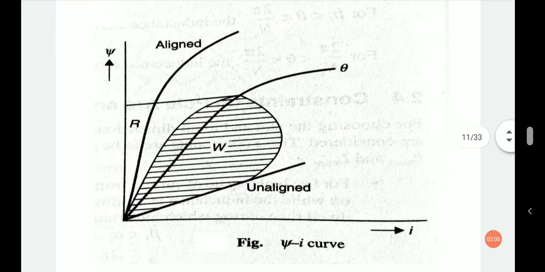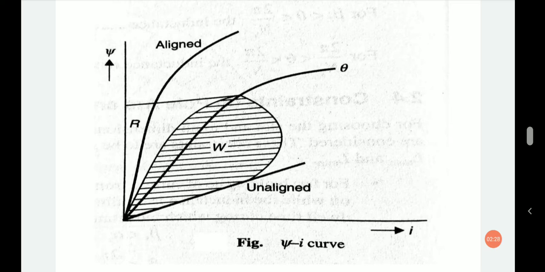The flux linkages versus phase current characteristics is shown in the figure. The shaded portion represents the electromechanical energy developed. The region R corresponds to the energy returned to the supply.